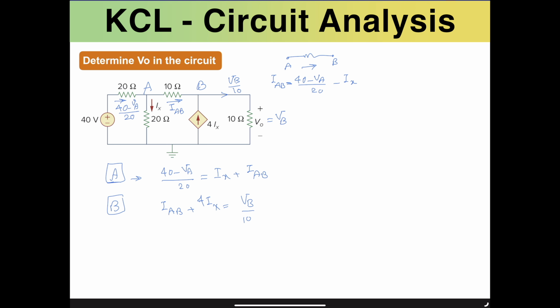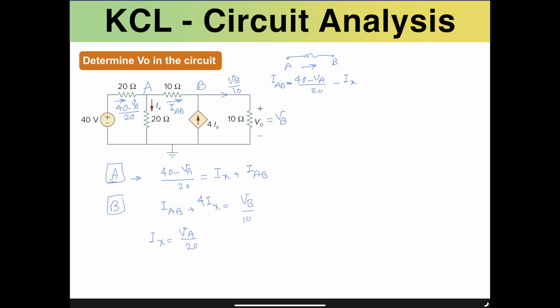We need to find the value of Ix with respect to the other parameters. We know that the voltage at node A is called VA, as we already have used, and the voltage drop across this 20 ohms is simply VA. So the current Ix is simply VA divided by 20; Ix is calculated with respect to VA. There is also another equation we need to consider for IAB.